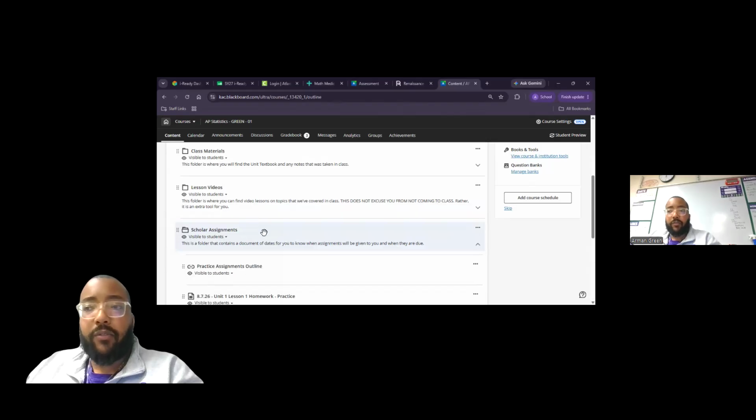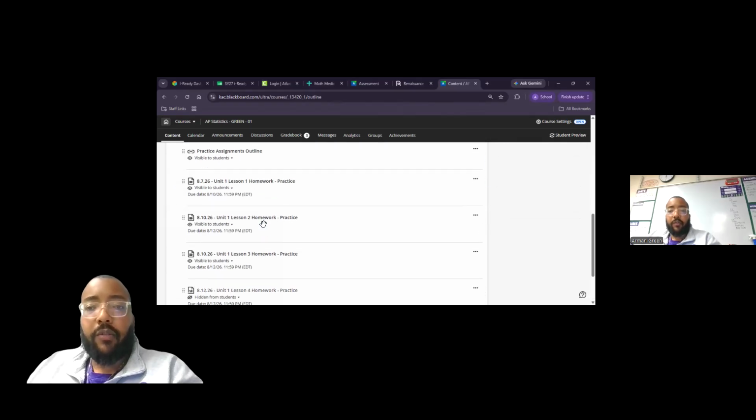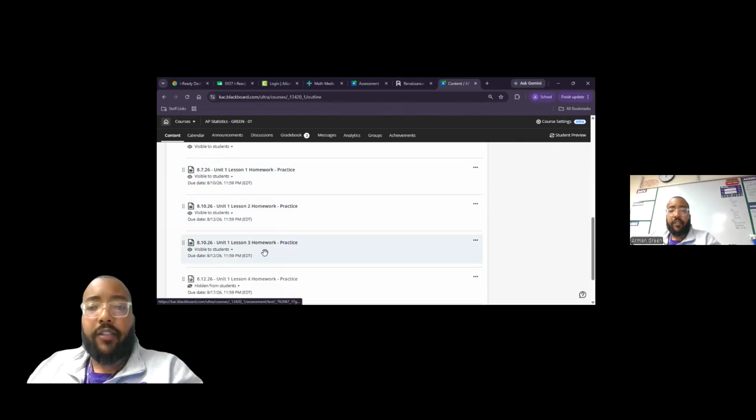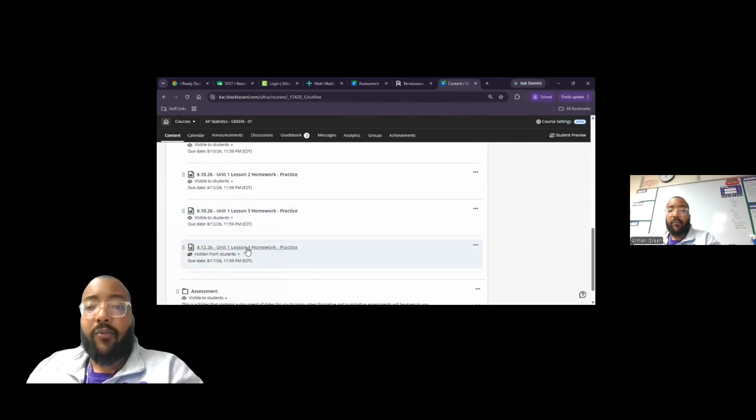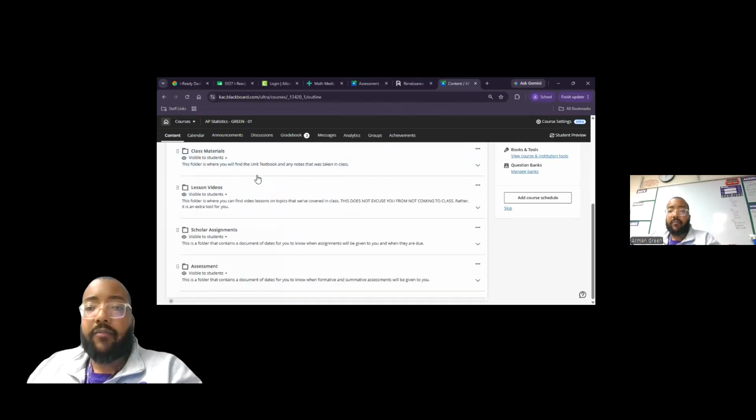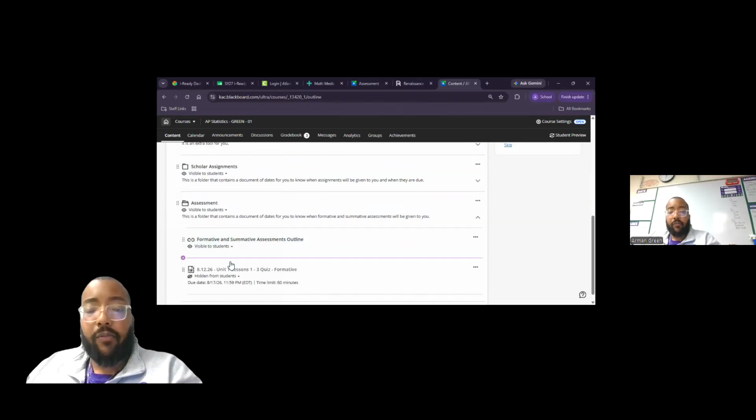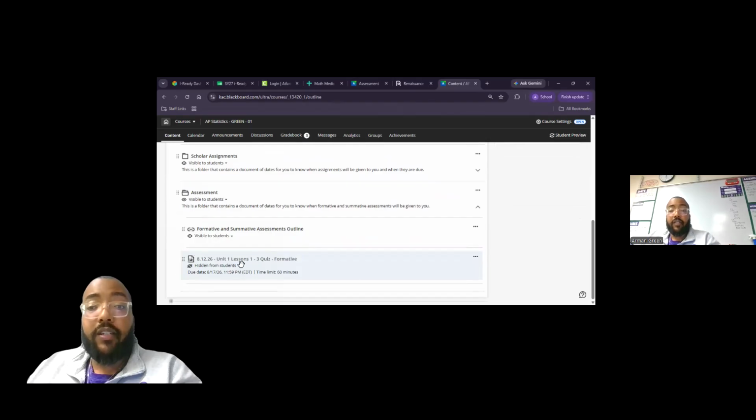In the Scholar assignment folders under the Unit 1 section, you will see not only the three homeworks up to today that we have already looked at, but the Lesson 4 homework will be available starting tomorrow, and that will be due on Monday at midnight. So Monday, when we meet again, that's when Lesson 4 is due. Not only that, but under the assessment folder, you will see a quiz covering lessons 1 through 3, everything we talked about from Friday to Monday the 10th.